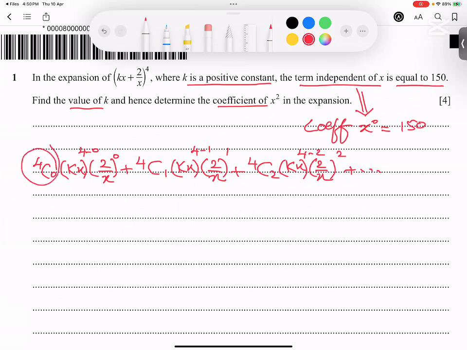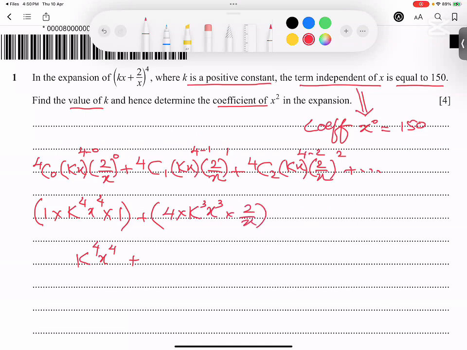So 4C0 is 1, and kx to power 4, both separate, something to power 0 is 1. And finally I get k to power 4, x to power 4. 4C1 is 4, and kx to the power 3, so k cube and x cube into 2 over x.